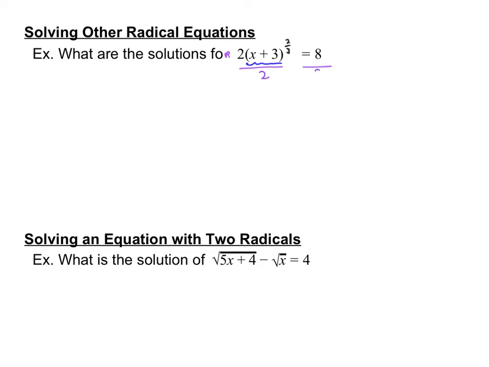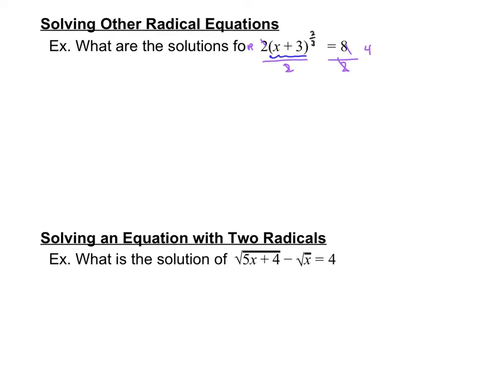And that is going to help to isolate that variable. When we do that, of course, our 2's are going to cancel out. It's going to become 4. So we can now rewrite our problem as x plus 3 to the 2/3 equals 4.